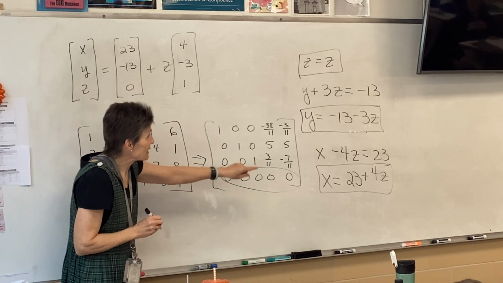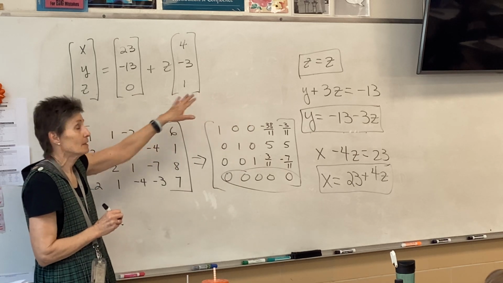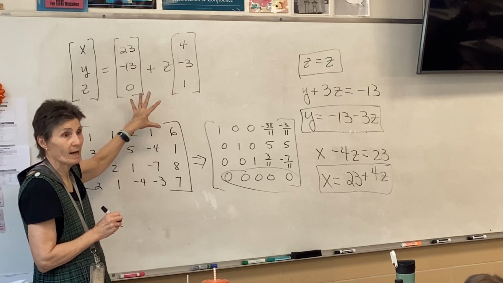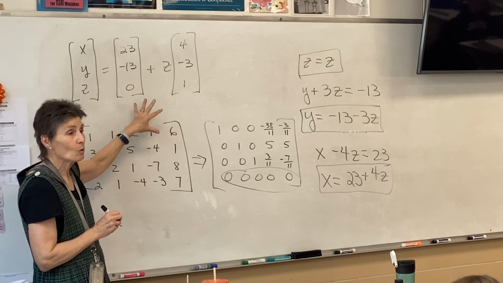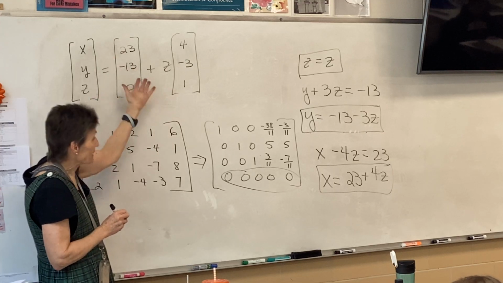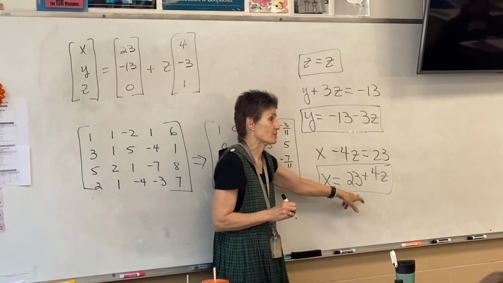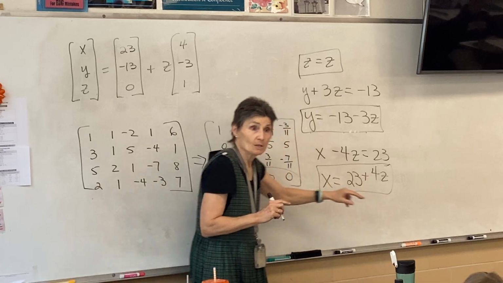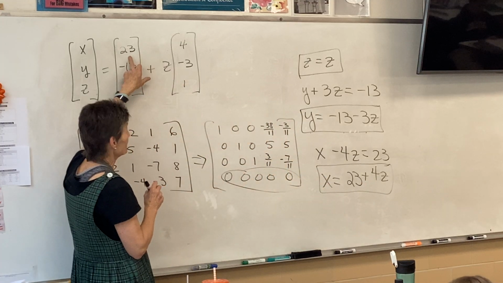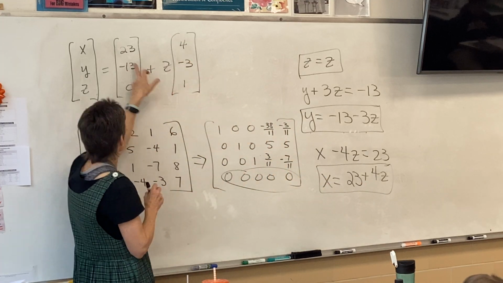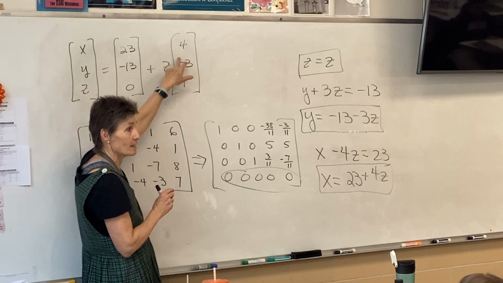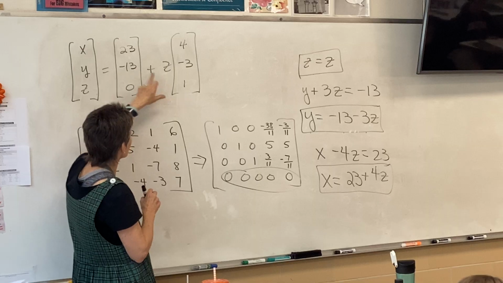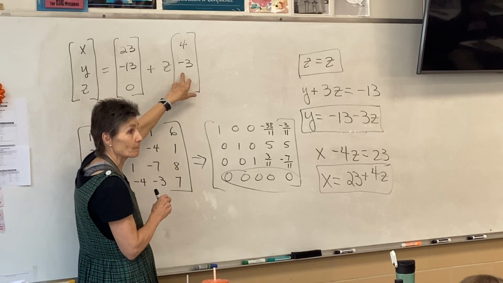So those things in the box, I just wrote in an organized, coherent way. Notice that every letter, like X for example, has two parts. It has a number and it has a Z. So here's its number and here's its Z. So 23 plus 4Z. Y is the same thing, negative 13 minus 3Z.